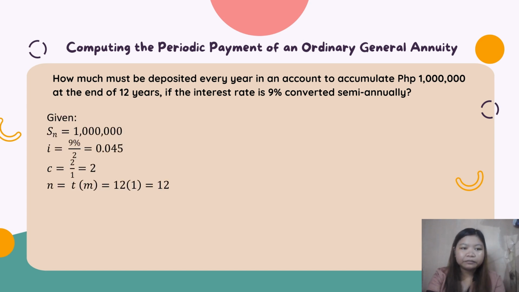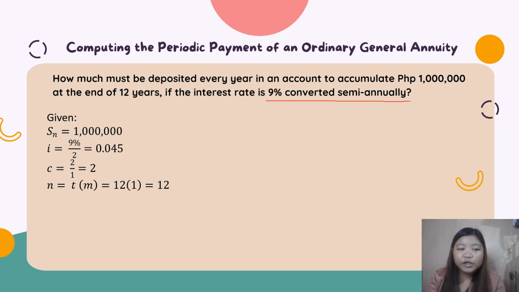Very good. So we have S sub n is equal to 1 million. Then I is equal to 9% over 2 because 9% converted semi-annually. So we have, then we will divide this one.